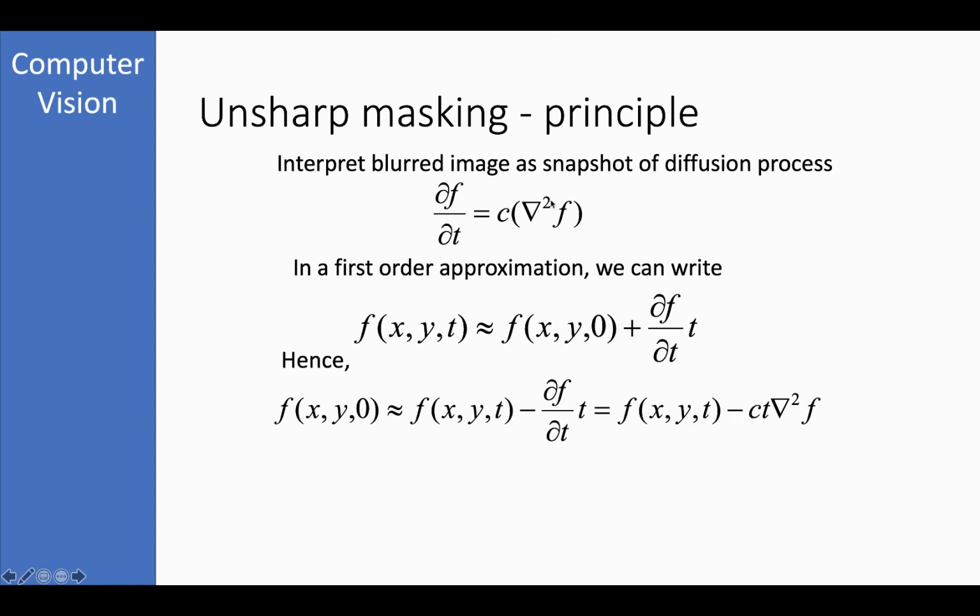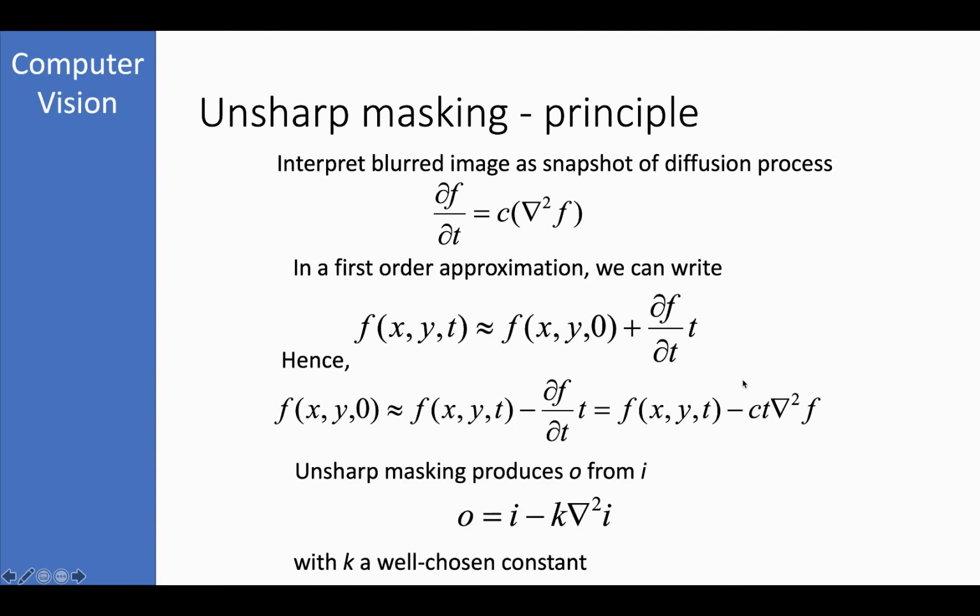Now, if we put the definition of the time derivative here, we see that the original image can be retrieved back as the smoothened image at time t minus the second derivative of the smoothened image times a constant c t. So the unsharp masking produces the output O from I simply by taking the second order derivative, the Laplacian operator of I, and multiplying by a well-chosen constant k.